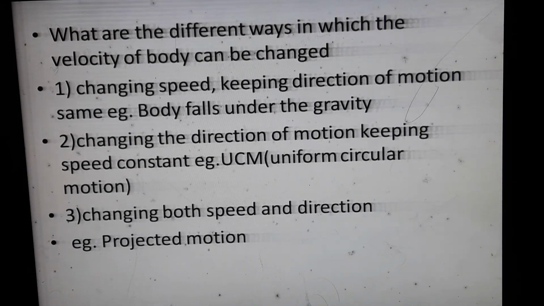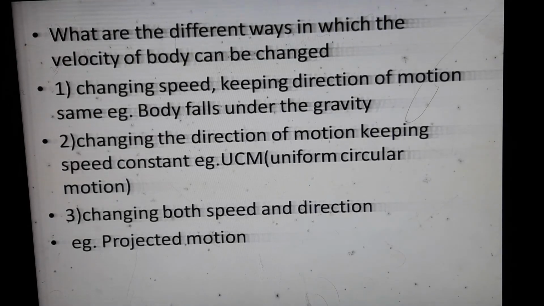How does the direction change? Because of the 4 points in 4 directions, one time it goes toward the north, one time toward the south, east, west. At that time the direction is going to change. In that case also the velocity is going to change.